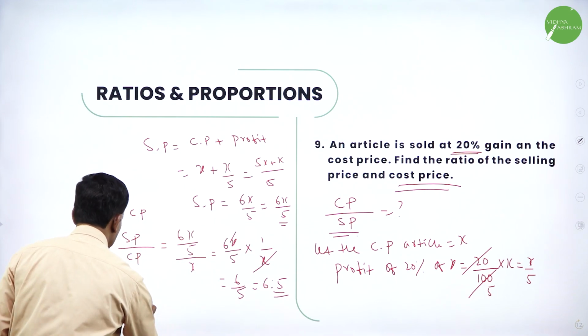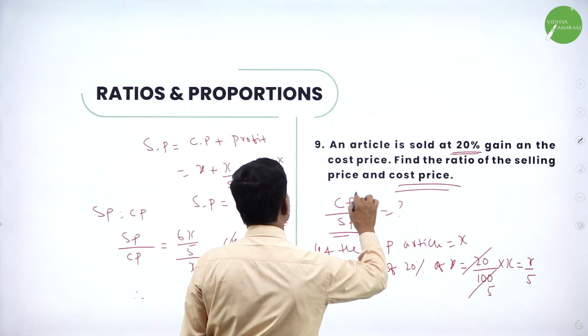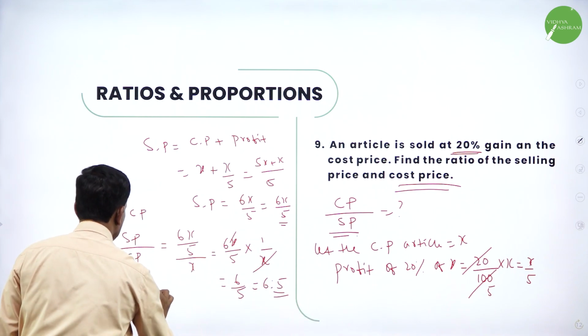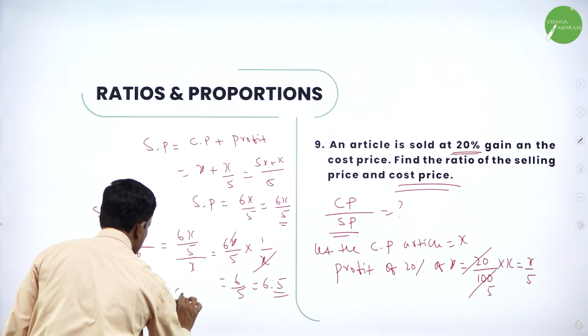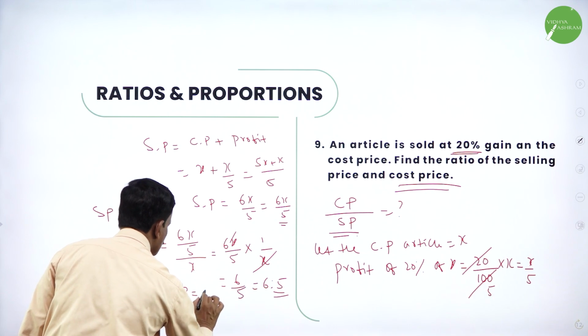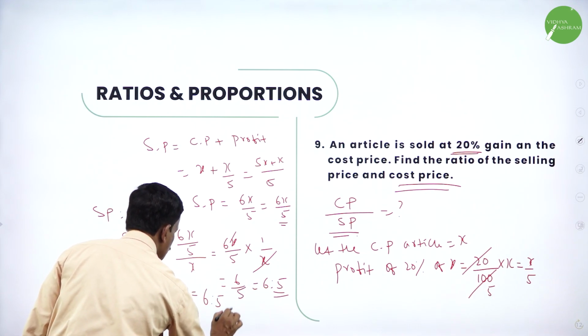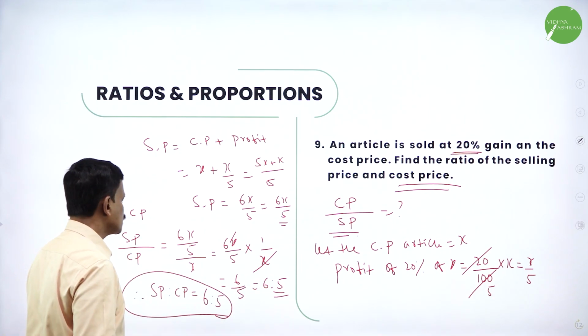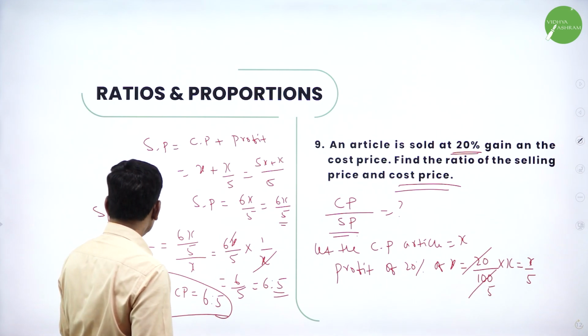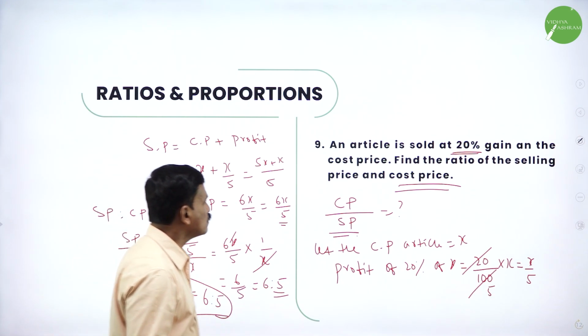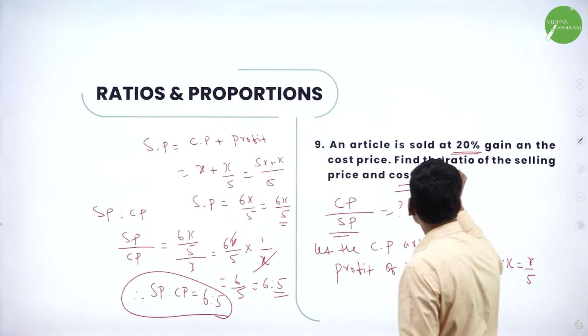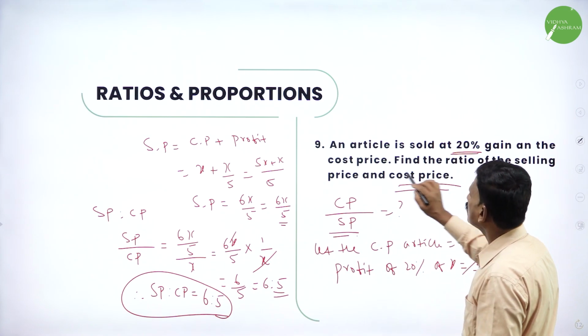Okay. Therefore, the ratio of selling price is to cost price is equal to 6:5. That's it. 6:5 is the ratio of selling price to cost price. See, very simple. What is given? An article is sold at 20% gain on a cost price.